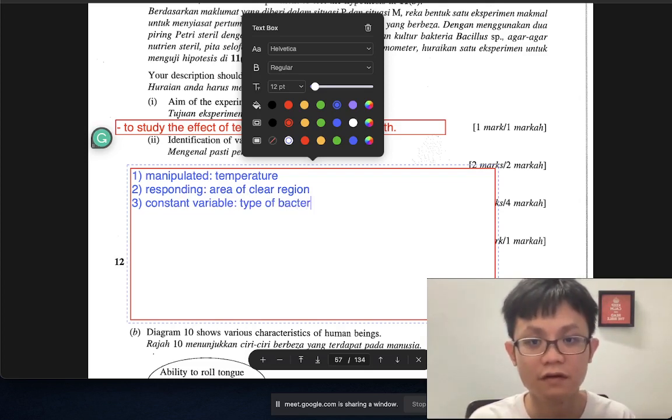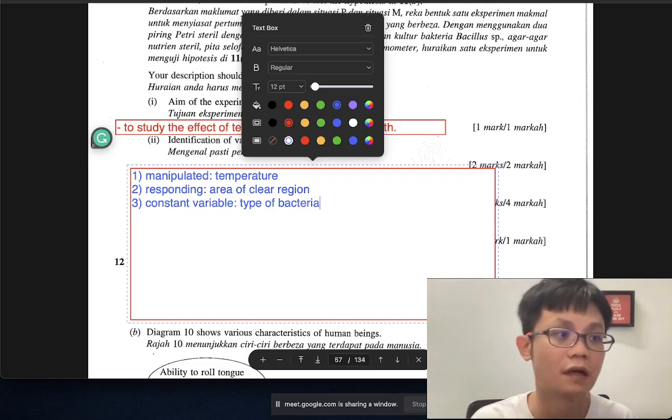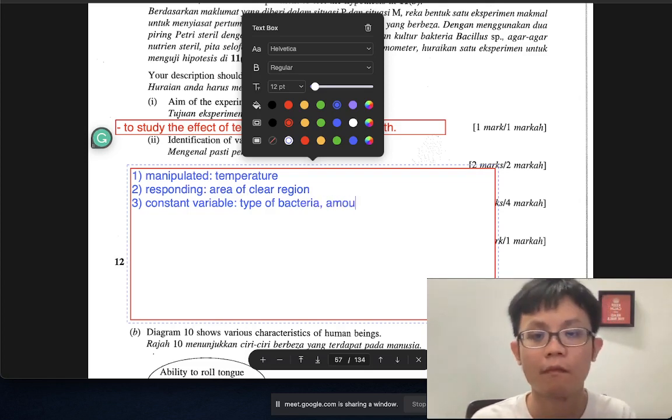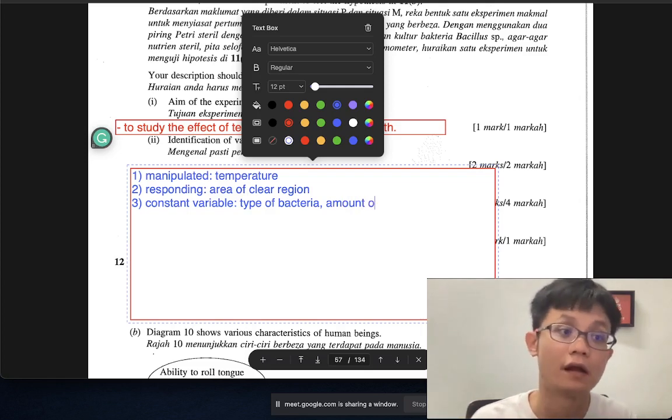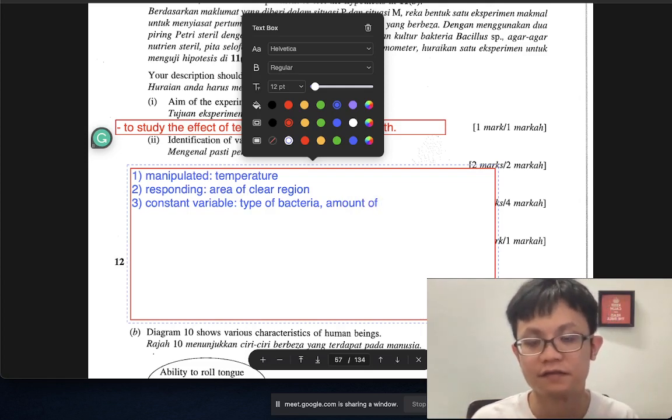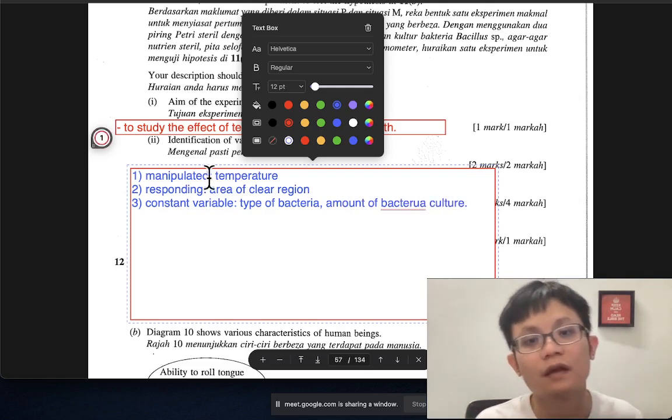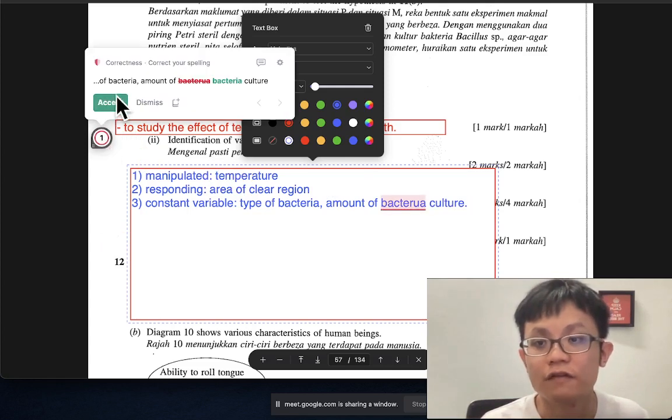Any more constant variables? Amount of bacterial culture. Okay, very good. Of course, there are a few.